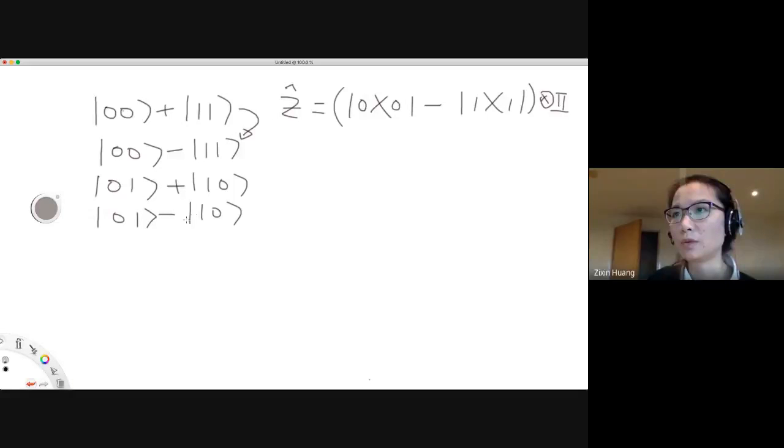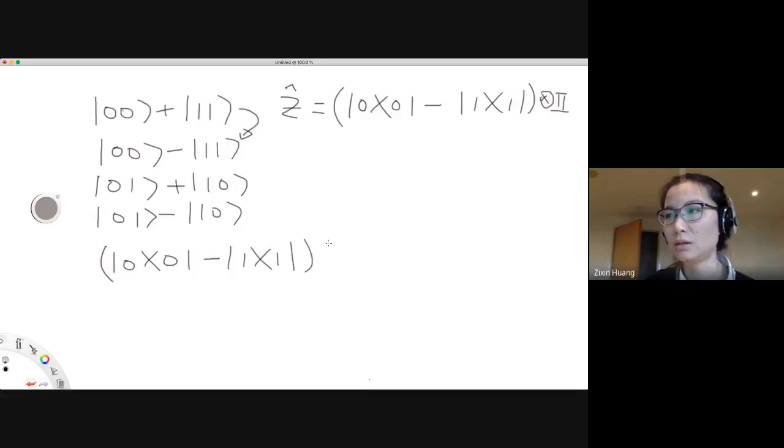So if we apply this thing to the first qubit, we have 0, 0, minus 1, 1, acting on 0, 0 plus 1, 1.